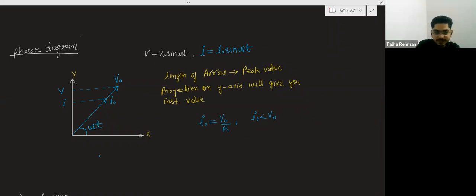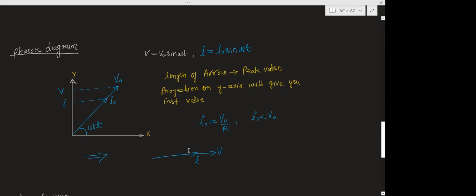In simple way, if you want to draw the diagram, then you can draw like this. This is the voltage across the resistance, and this is the current. So both are in same phase. Current and voltage are in same phase. So basically, this is your simple diagram.